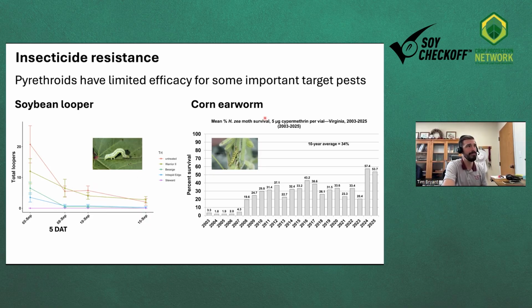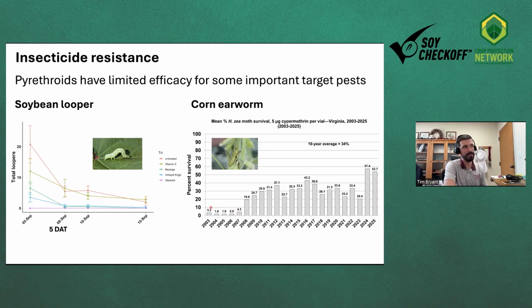The same could be said for corn earworm. So this data here is from 2003. So this was 2 entomologists ago. I started here in 2024. And this is percent survival of adult corn earworm moths in cypermethrin treated vials. So cypermethrin, another common pyrethroid insecticide.